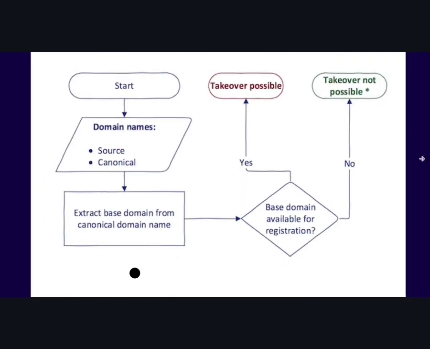So how can we detect this subdomain takeover vulnerability? We can detect this by checking if the base domain of a canonical domain name is available for registration or not. If we find that it is available, then the source domain is vulnerable to subdomain takeover, and if it is not available, then it is not vulnerable.